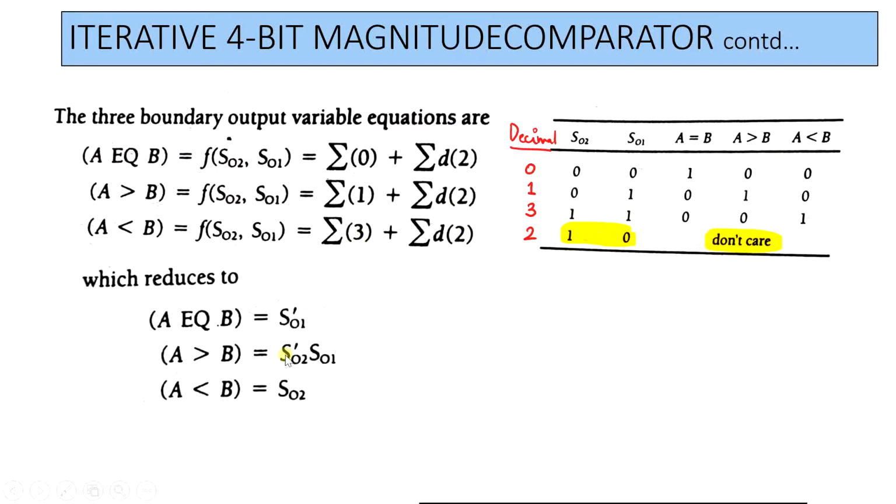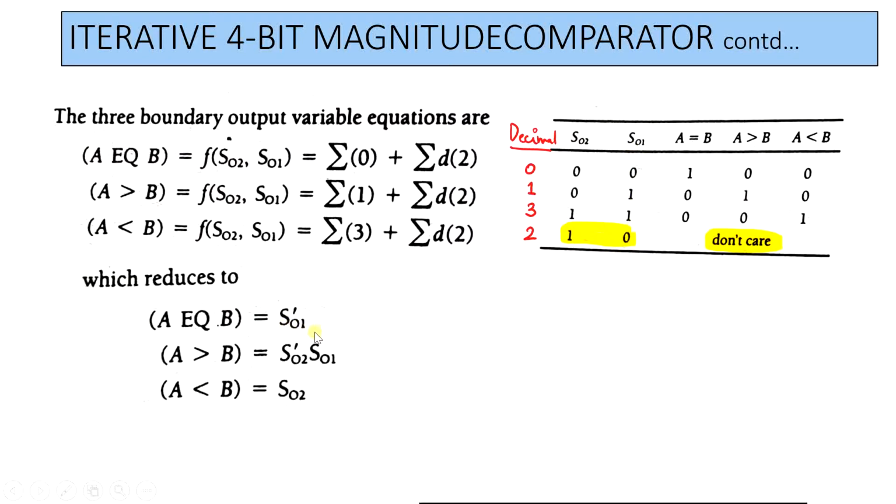So this will reduce to the expression A equal to B is equal to SO1 bar. The reason why I have represented only in terms of SO1 bar is because here SO2 toggles for decimal notation 0 and for the don't care, whereas SO1 remains the same, that is equal to logic 0.